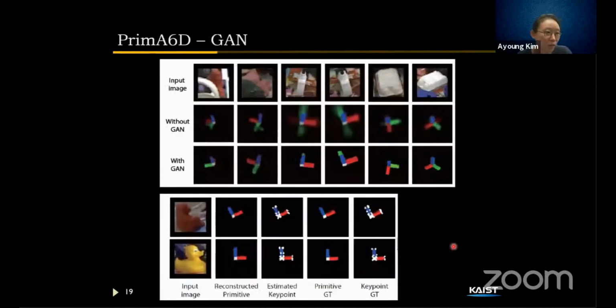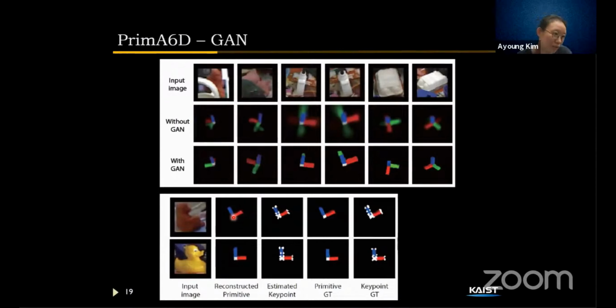When we are training it, we apply the GAN training strategy. Because of using GAN, we can make this reconstructed primitive much clearer compared to the case when we were not using GAN for the training strategy. It actually works even in the case when one axis is totally occluded.